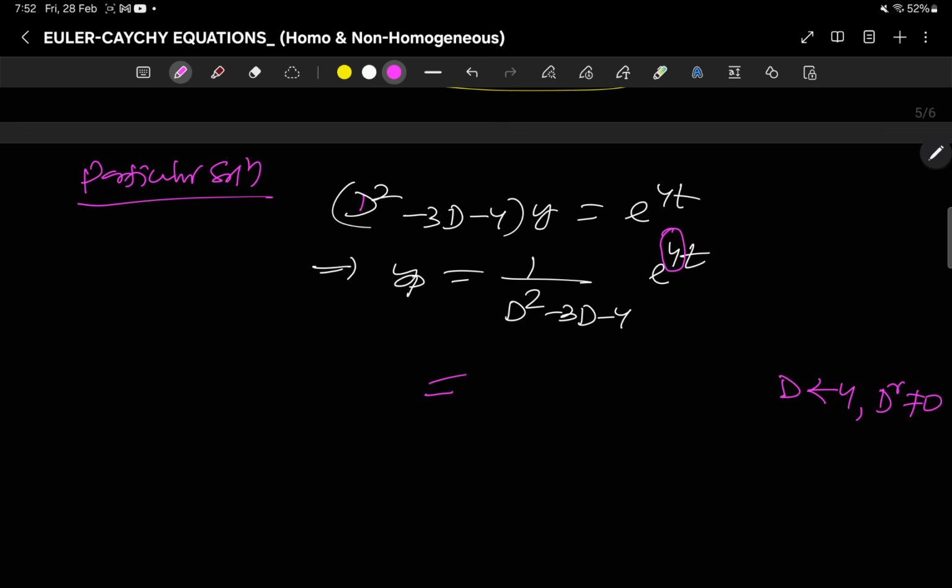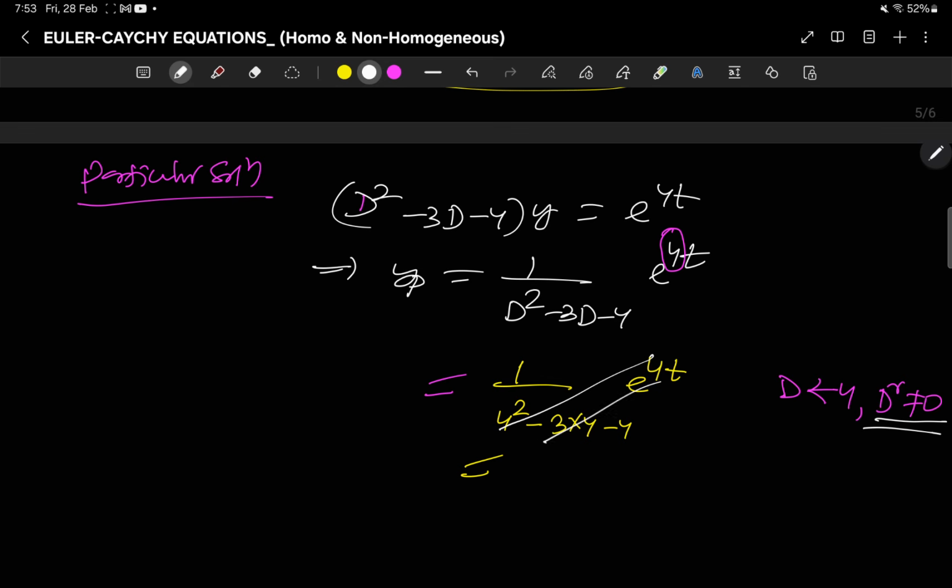So I substitute 4 here: 1 by 4 square minus 3 into 4 minus 4 times e to the power 4t. You see here the denominator is 0.